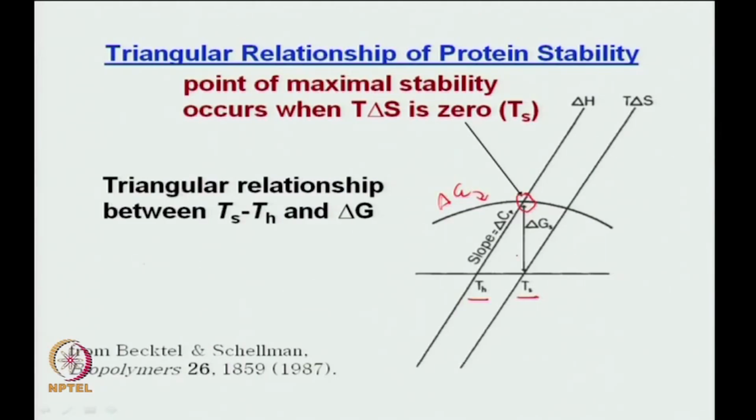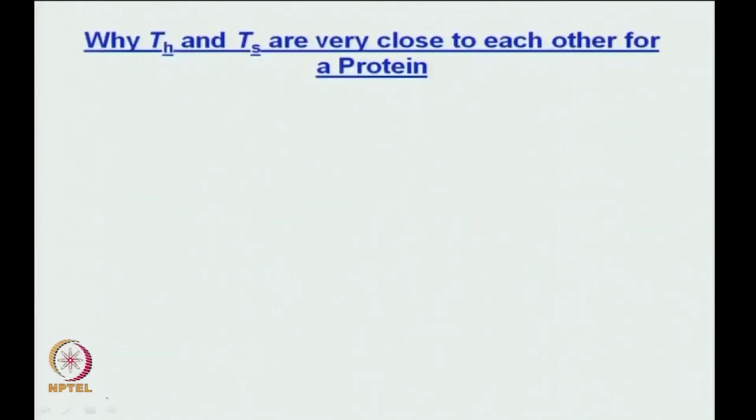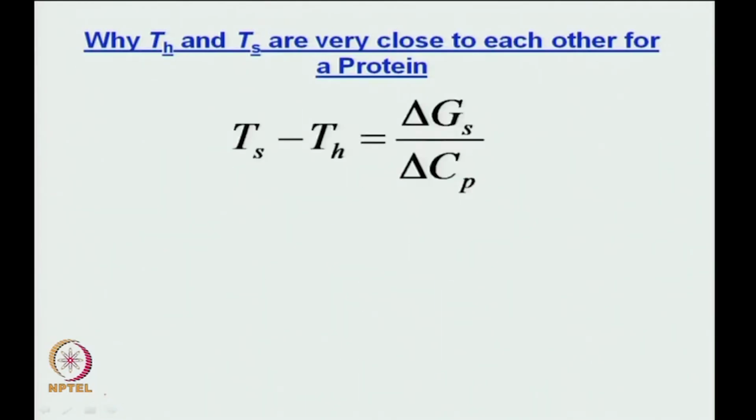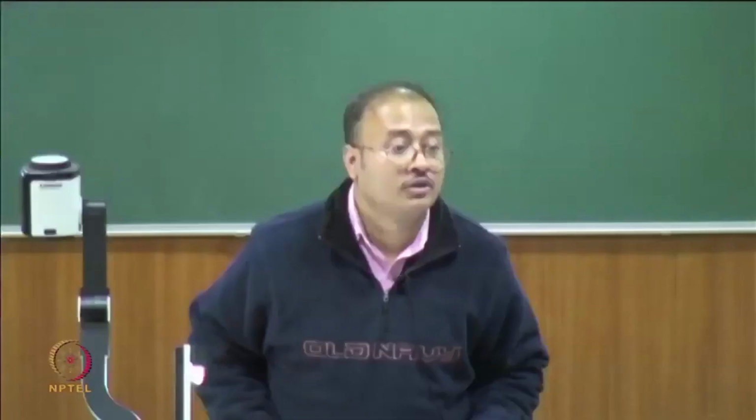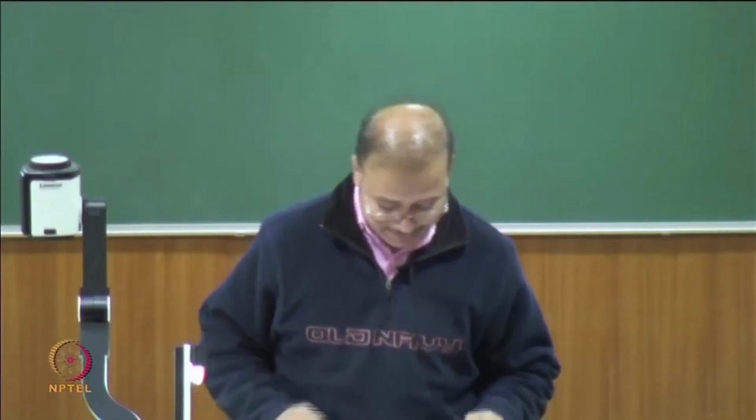But I guess the take home point of this one was why Th and Ts are very close to each other for a protein, and what we finally looked at was that this Ts minus Th is given by the ratio of delta Gs and delta Cp. Now, it is called delta Gs because it is delta G at that temperature corresponding to S, right, the Ts.